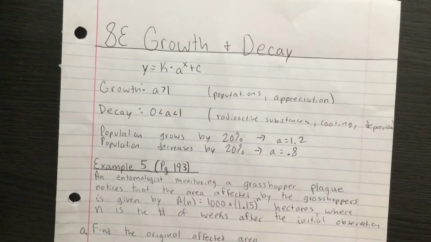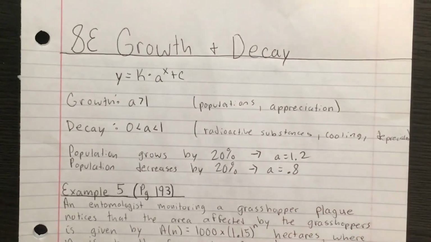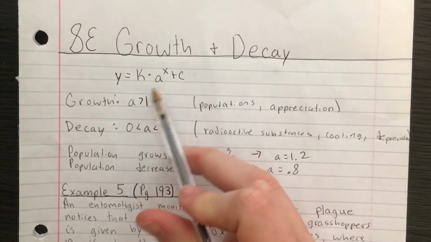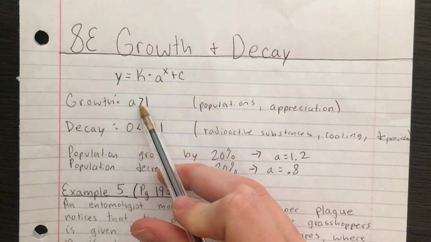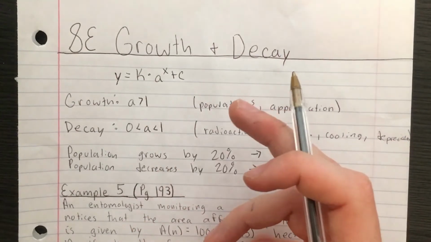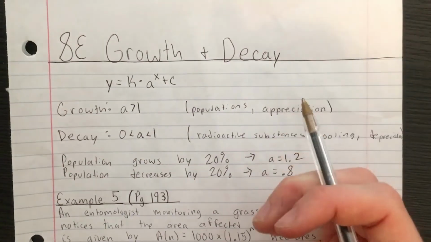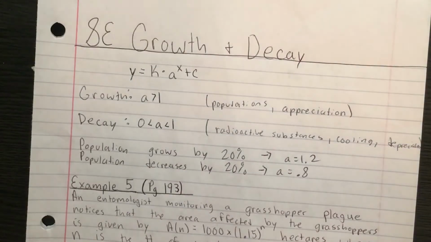For growth, the thing with the exponent on it, a, has to be greater than 1. If you keep multiplying something by 2, it's going to increase. If you multiply something by 3 or 1.1 or anything bigger than 1, that's going to be exponential growth. Typically you'll see exponential growth in populations and the appreciation of assets.